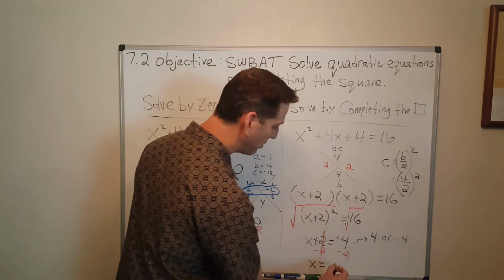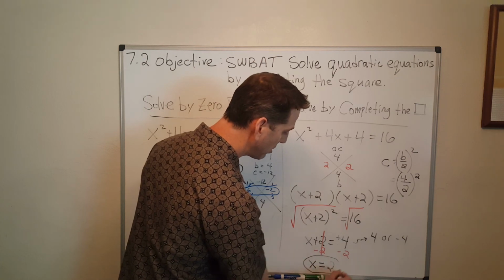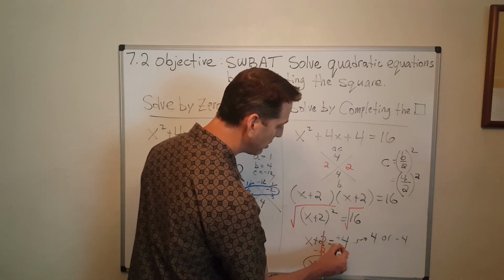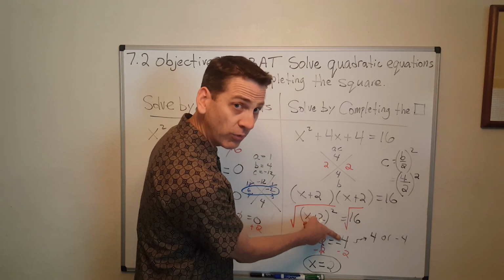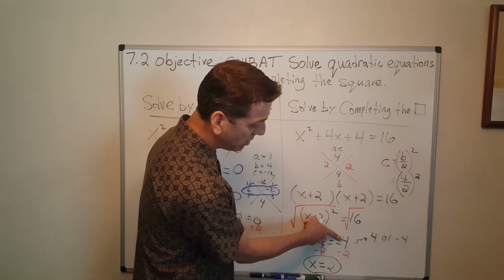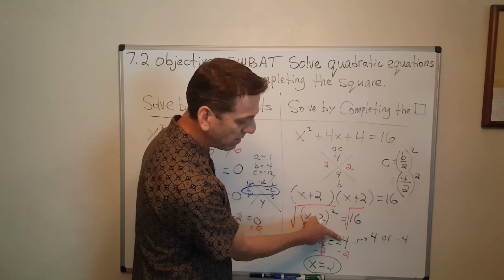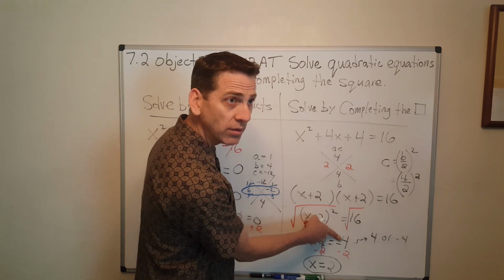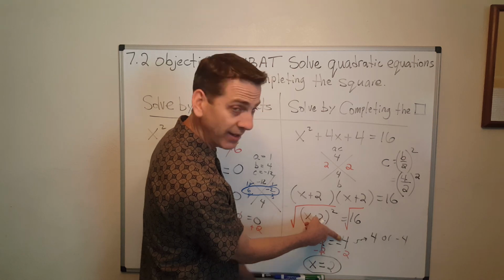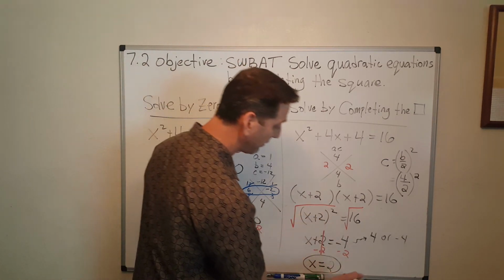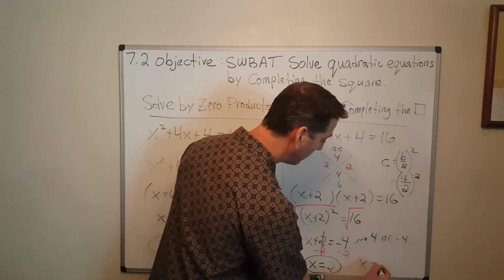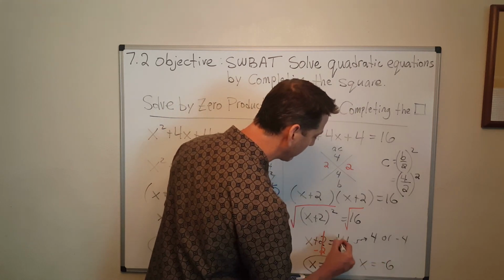It's 2. There's one solution. But what if 4 is negative? Instead of a positive 4, what if it's negative 4? What's negative 4 minus 2? Well, a negative plus a negative is going to be an even bigger negative. So that's going to be a negative 6. So x equals negative 6.